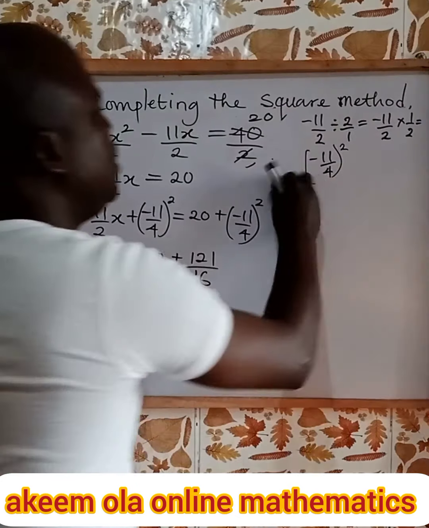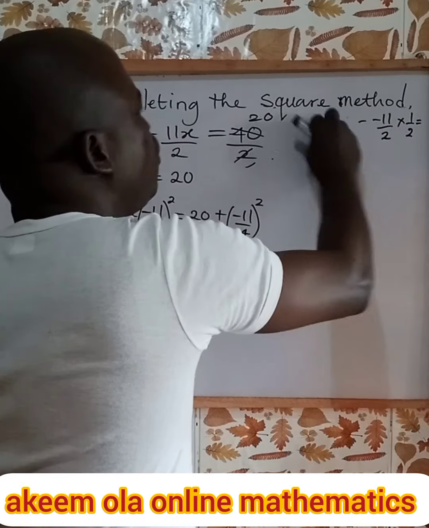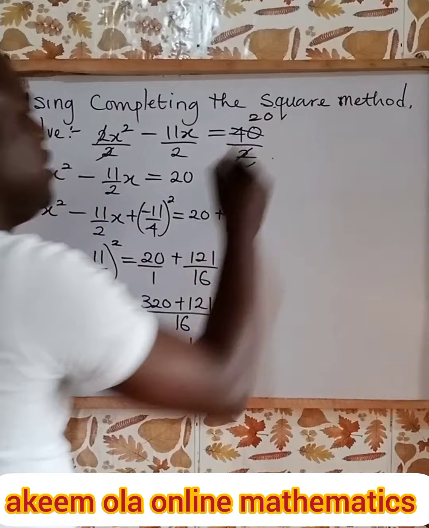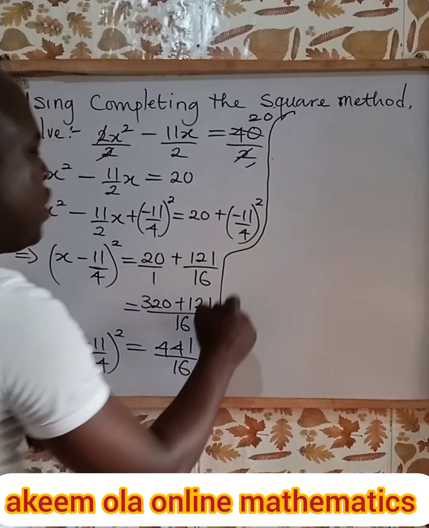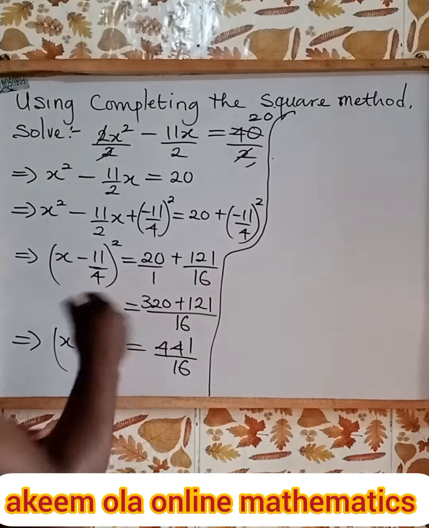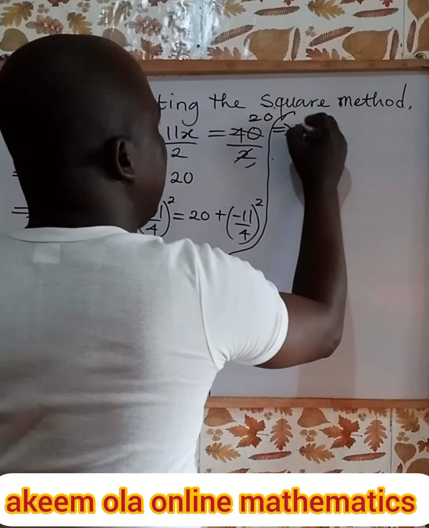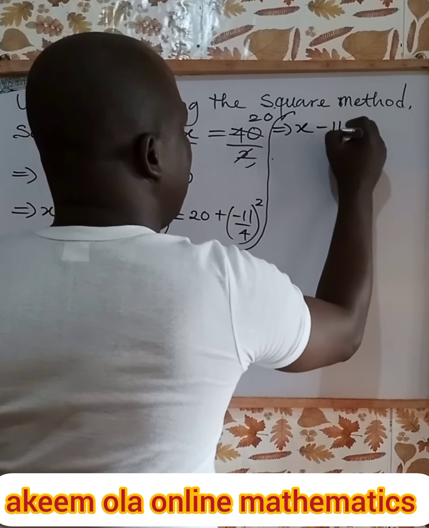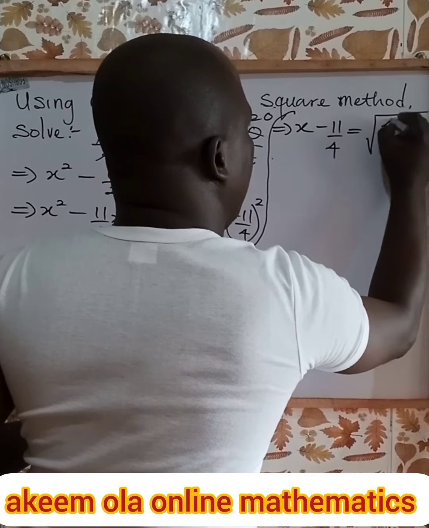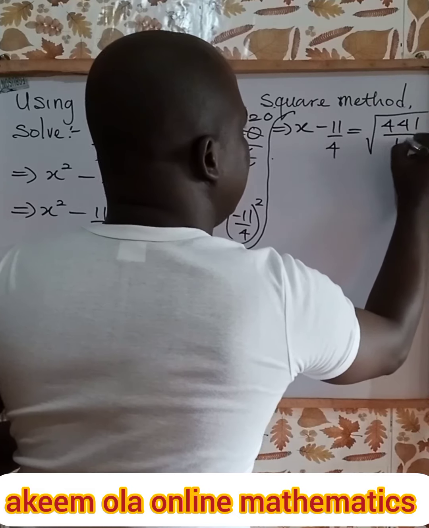For us to remove the square, that means we are going to find the square root of it. When you find the square root, the square and the square root will surely cancel. That means here we will be left with x minus 11 all over 4 is equal to the square root of 441 all over 16.